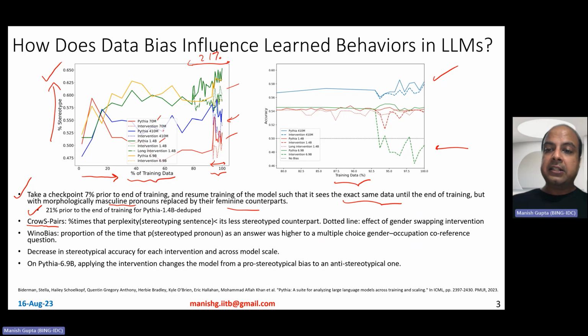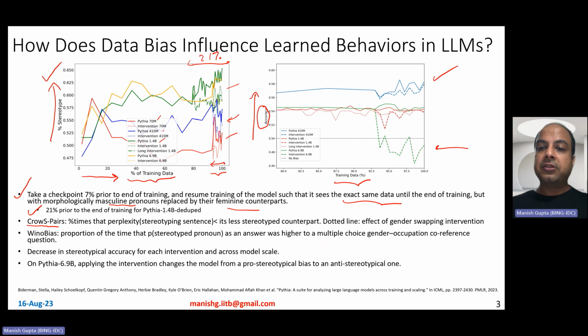So that's that. Now on the Winobias data set, by the way, on the y-axis, what you have is accuracy being plotted. So what is accuracy? The Winobias data set is about trying to replace a pronoun by a proper referent. So it's a co-reference resolution task, such that if you do co-reference resolution accurately, then it is against the stereotypical biases.